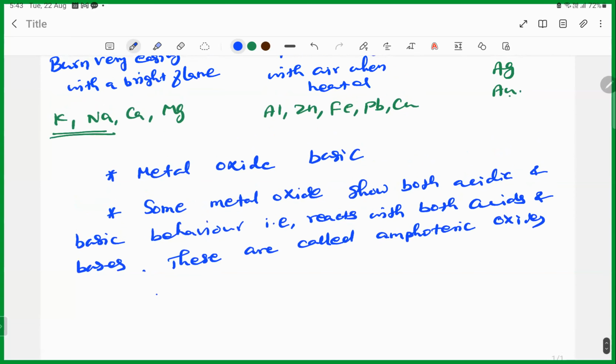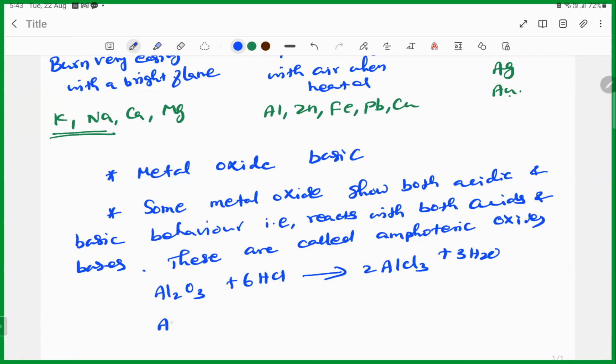For example, Al2O3, aluminum oxide, when reacted with hydrogen chloride will give aluminum chloride plus 3H2O. The screen is visible, right? Say yes or no? Yes, sir. Okay.